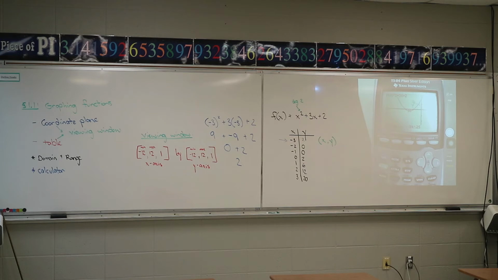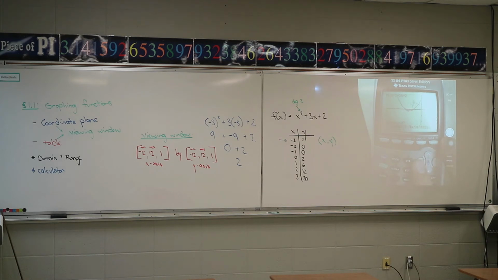In fact, if I did Shift Calculate again, I could do a minimum too. I could go down, hit minimum, and it could just tell me that right away. It asks me questions like what's my left bound, what's my right bound, and I can type that in.